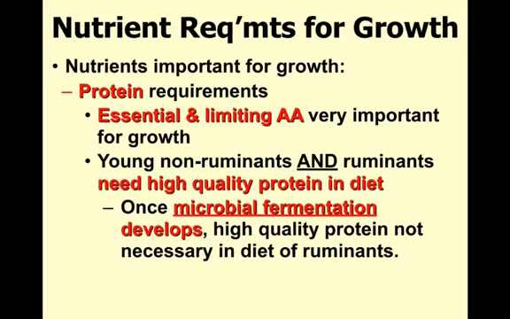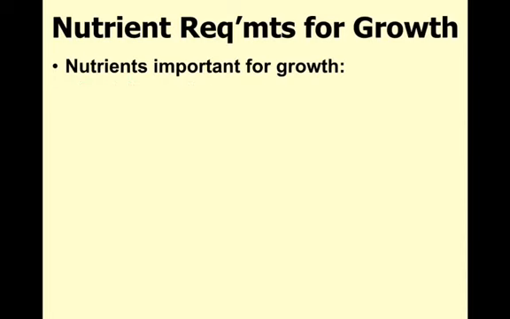Once we get that microbial fermentation really developing in the rumen, then we can start considering non-protein nitrogen or lower quality protein sources. However, you've got to wait until microbial fermentation is fully developed and the animals are able to handle a little bit lower quality of protein. So it's very important to pay attention to how they grow and develop.